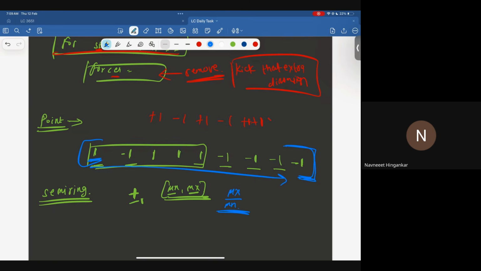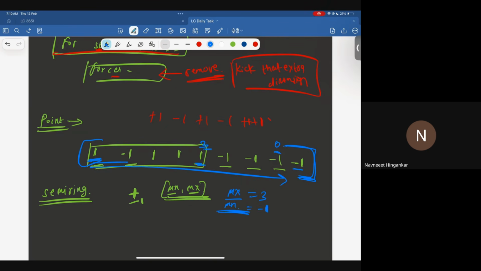So the maximum I got here was 3. The minimum I got is 3 minus 3, which is 0 here, and again minus 1. So the minimum I got is minus 1.